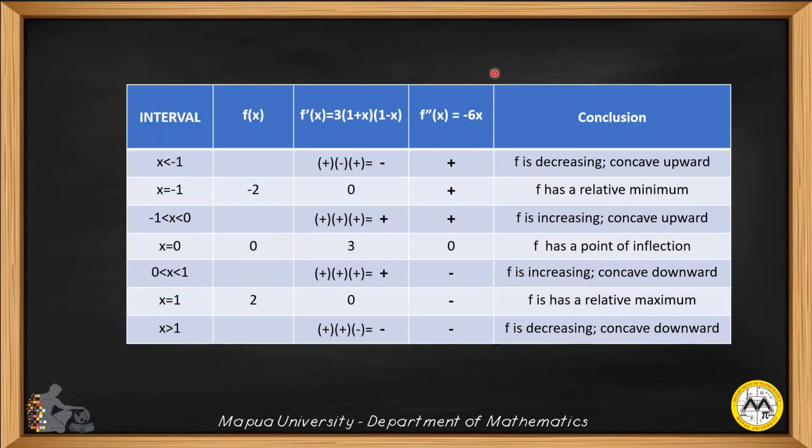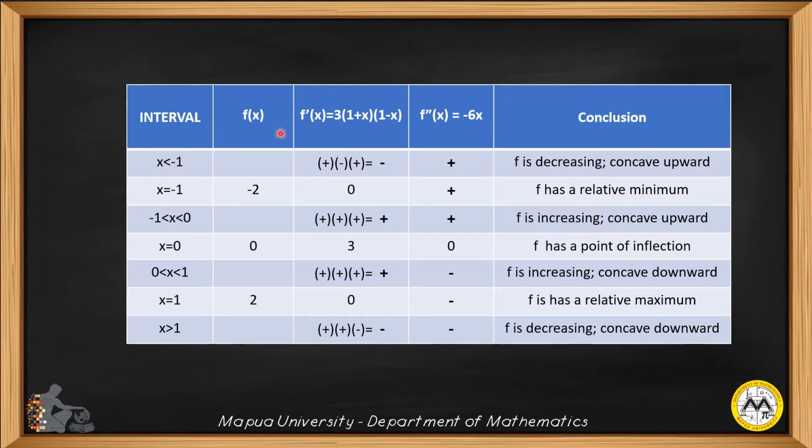Okay, let us now place these values of x in a table where we will be computing value of f prime as well as of f double prime at some given values of x, and conclude as to whether we have a maximum point, a minimum point, or just a point of inflection.